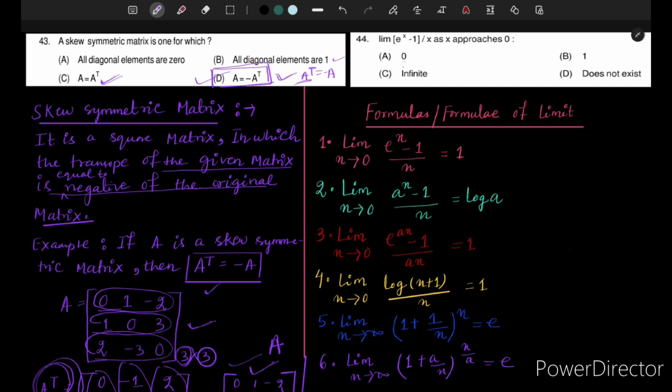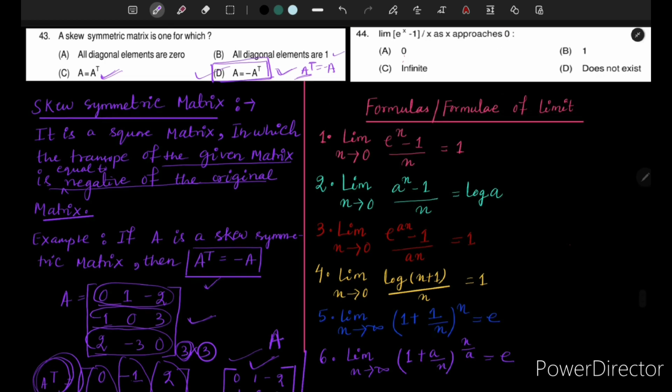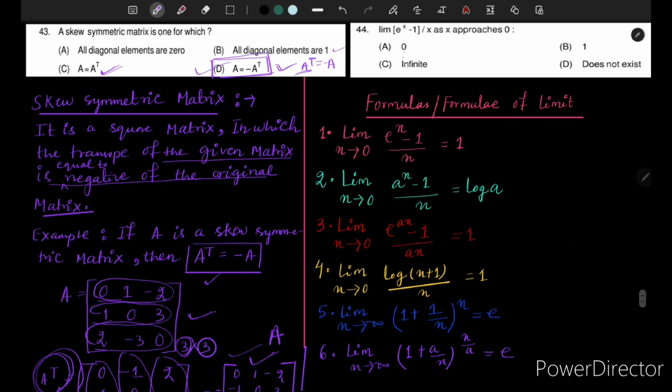In case of limit, the question is: limit of e to the power x minus 1 divided by x as x approaches 0. These are some of the formulas I have already written regarding limits.